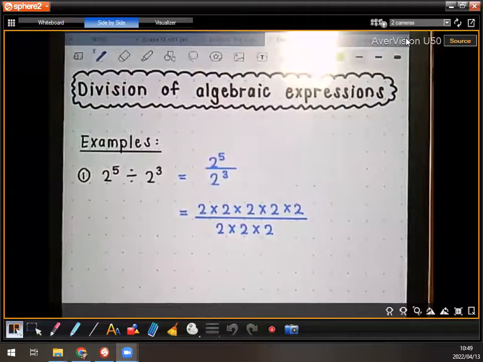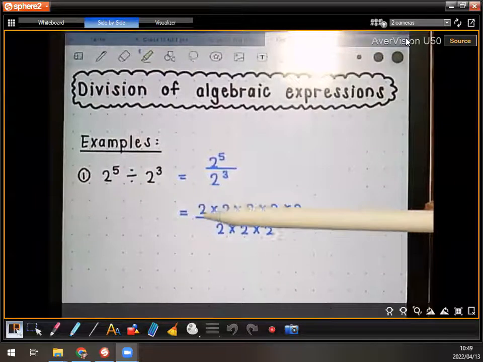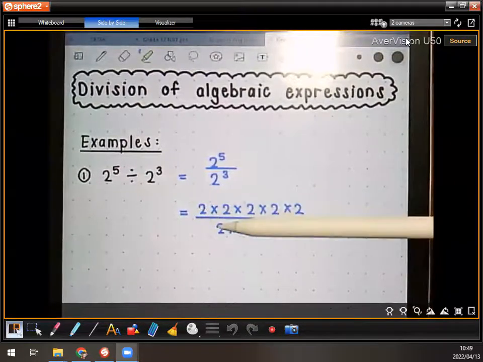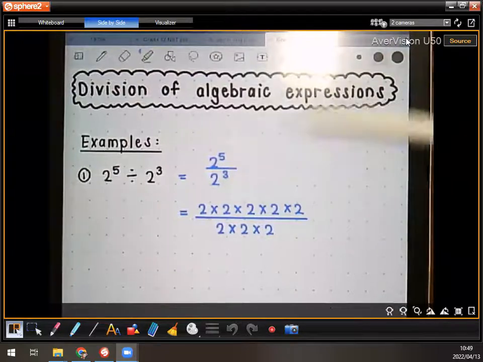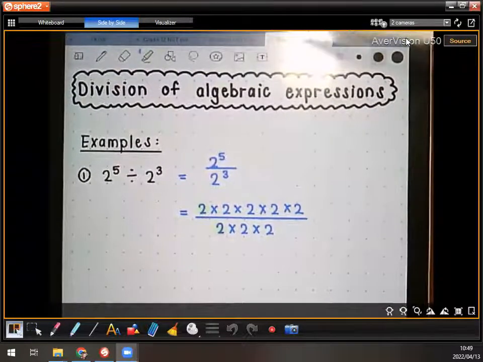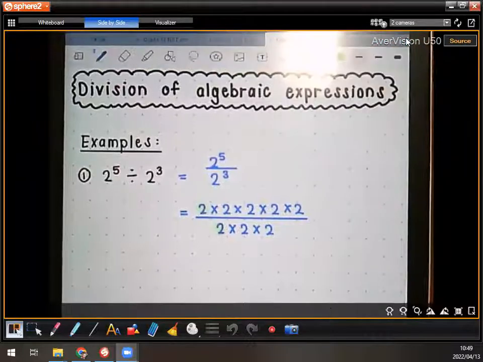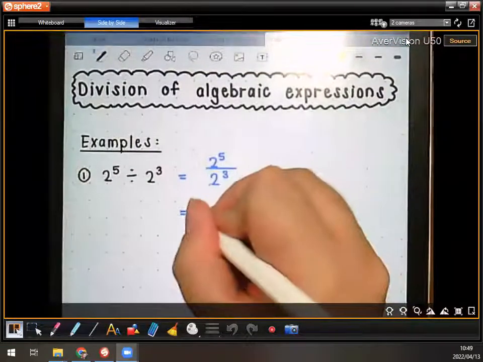Now guys, what we're going to do now is we are going to take the first 2 at the top, and I'm going to remember, what does this line mean? It means I'm dividing. I'm going to take the first 2 at the top and divide it by the first 2 at the bottom. What is 2 divided by 2? 1, okay? So if I say 2 divided by 2, I'm going to be left with 1.